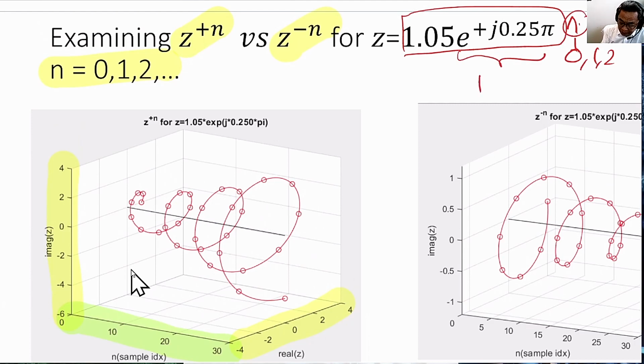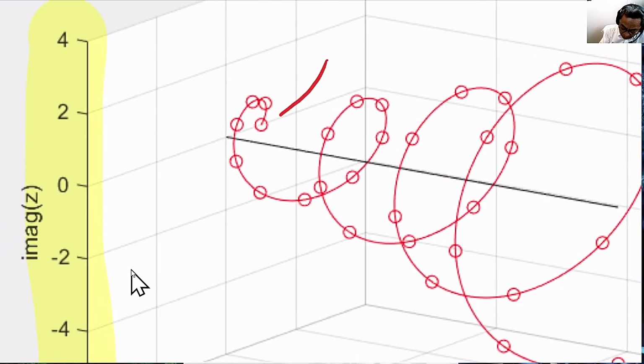Therefore, the first number, the sequence z[n] at time n equals 0, is 1.05. Where is it? It is exactly at this point. This is the horizontal axis and it is at 1.05 with imaginary value 0.